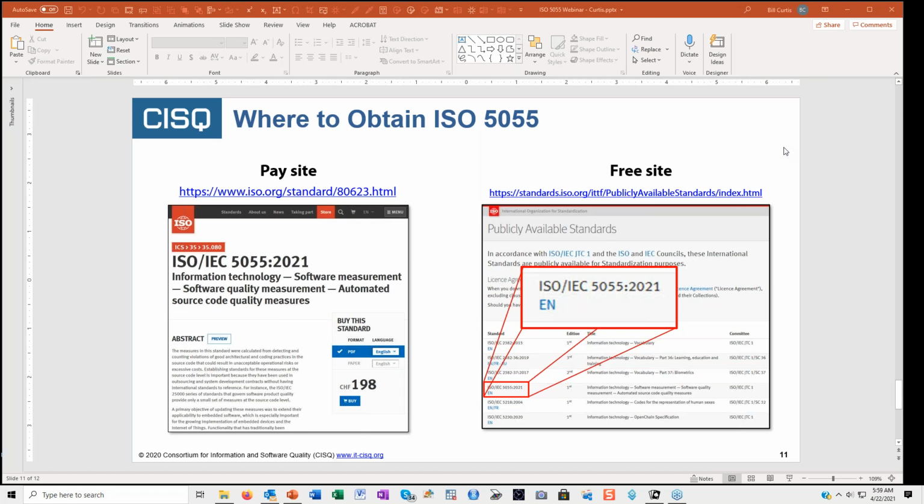All right. One other question is, are ISO 25010 and 5055 supposed to be used together? They can be, yes. 25010 simply describes the quality model.